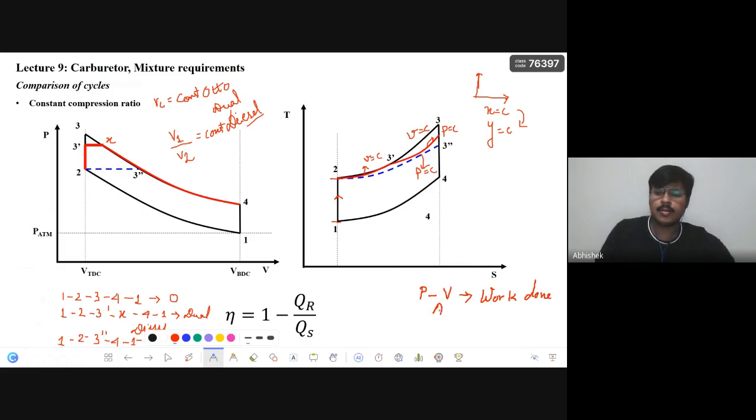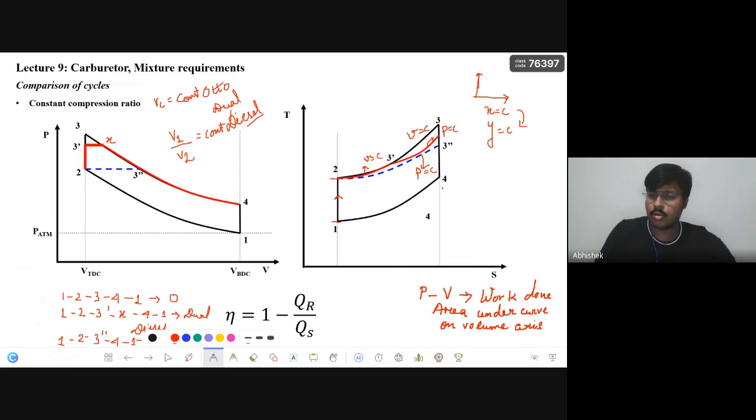It is the area under the curve. Do you know this? The area under the curve on the volume axis. This is how we calculate the work done in a PV diagram.